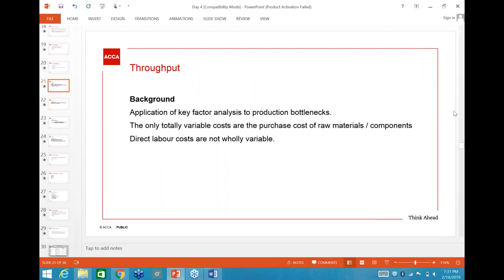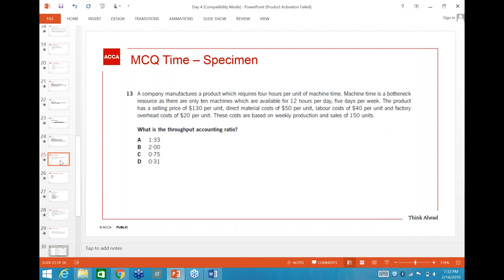I'm not clear on the question. Cyrus, I'm not clear on your question, sorry. Repeat the formula. Yeah, I can put down the formula. This was the question. The formula was throughput accounting ratio, TPAR, equals selling price minus direct material, over direct labor plus overheads. All of this will be given on a per unit basis.